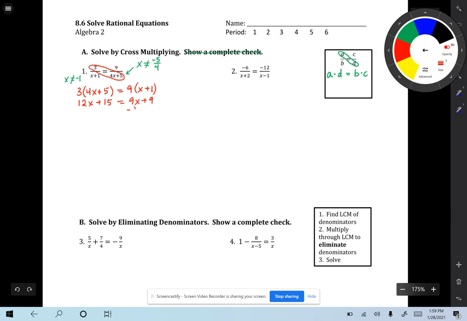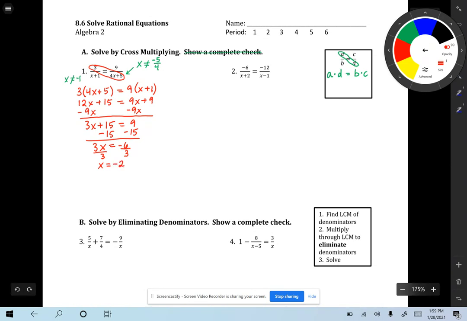Now I'm going to subtract 9x on both sides because I want the x's on the left side. Doesn't really matter. So we have 3x plus 15 equals 9. Subtract 15 on both sides. 3x equals -6. Divide by 3. X equals -2.